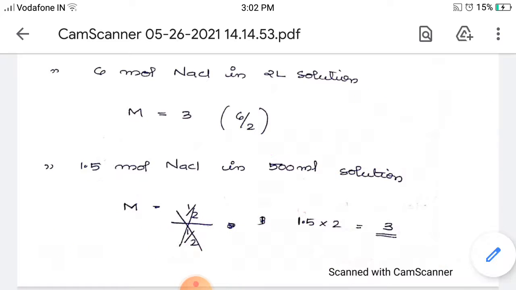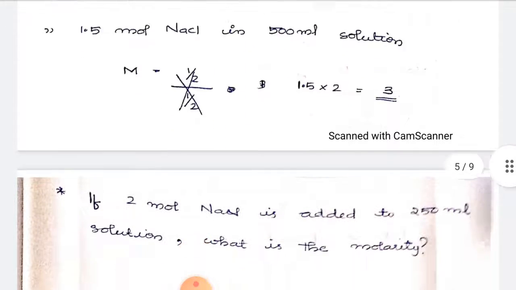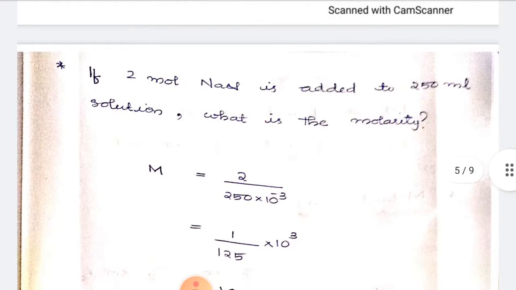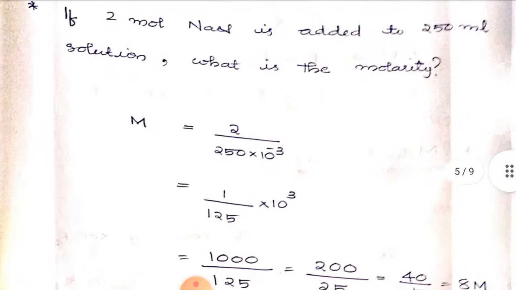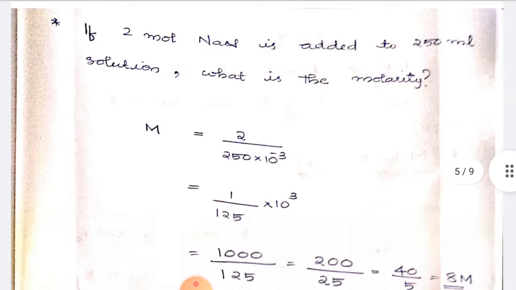So many students get confused about this. It is very easy to calculate molarity if the concepts are clear. First concentrate on the concept, and then try to do problems and the conversion. Focus on the conversion.